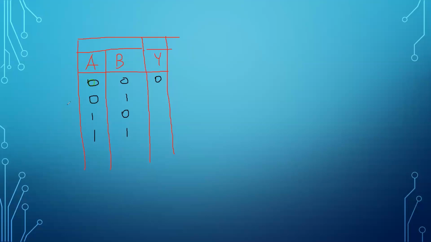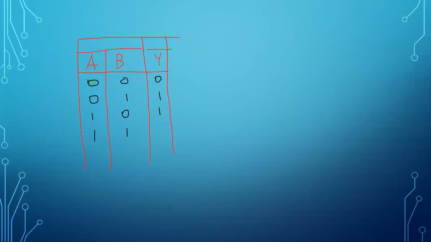So here for the second case, B is having a 1 value, which is representing a high level. So we will have a 1 as output. Same as case 2, for case 3 also, we have 1 for input A and 0 for input B. So we will get 1 as output.